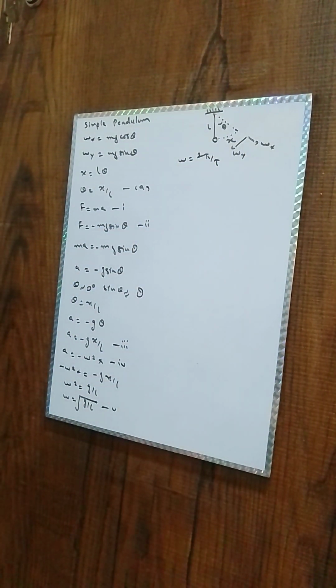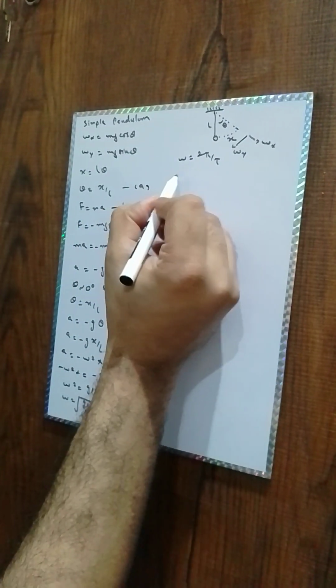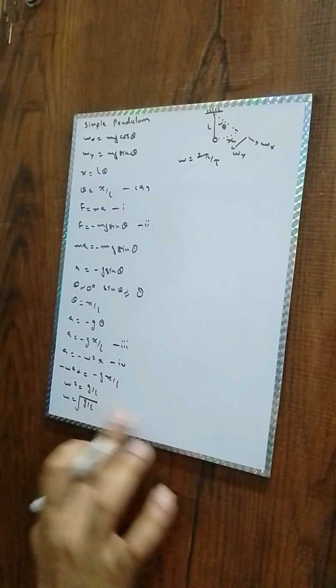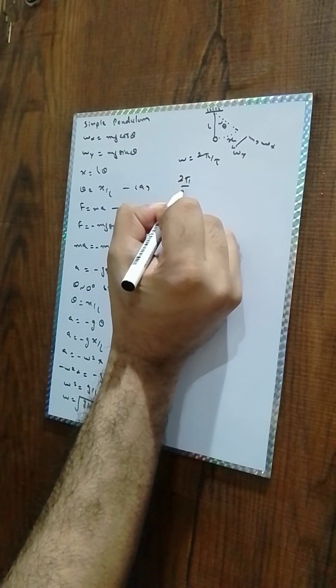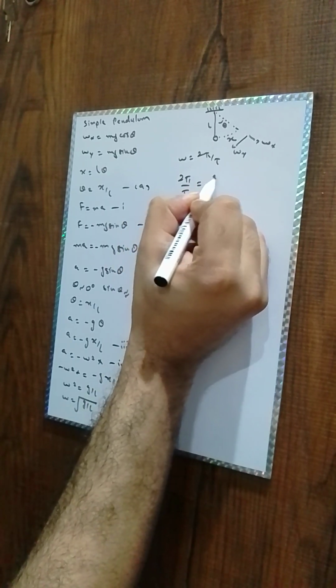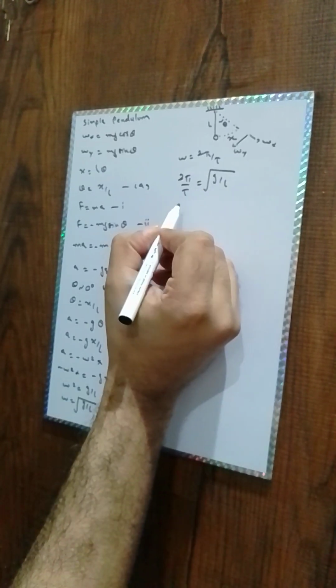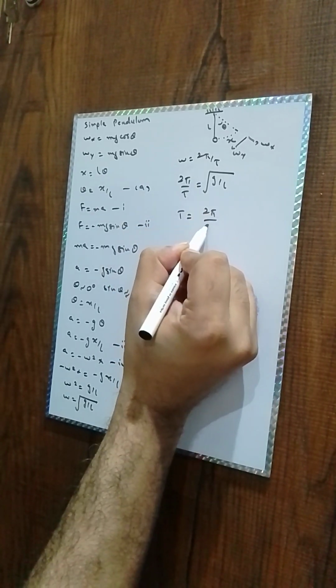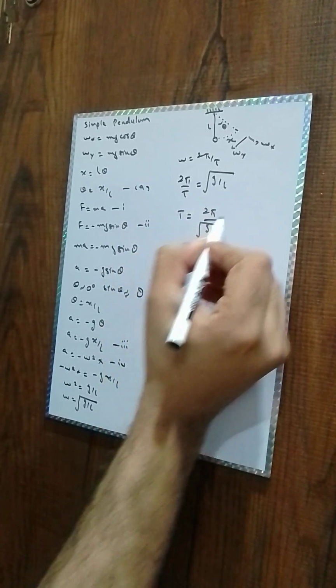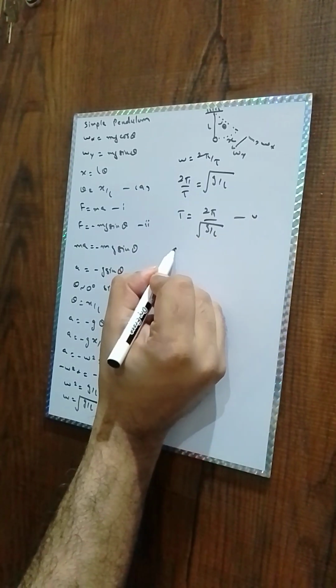Unit angular velocity is 2 pi by T. So we now equate 2 pi by T with g by L under the root, which says that T is equal to 2 pi by g by L under the root.